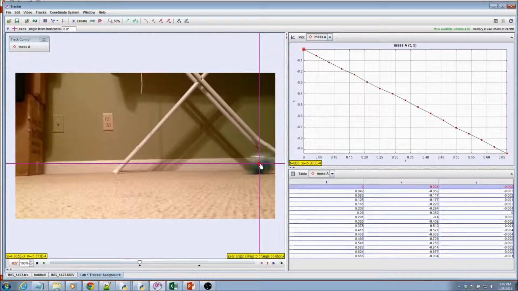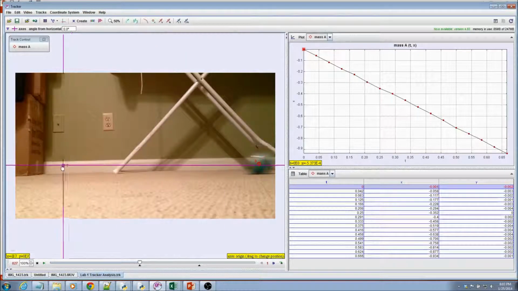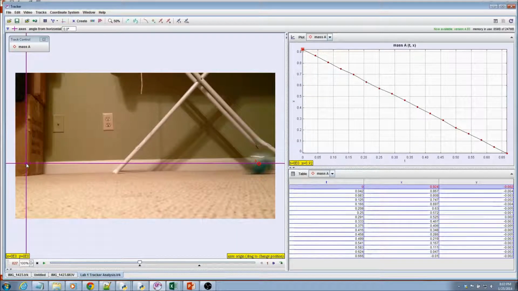I could also move the coordinate system to be on the far left of the video, right about here, and I would acquire the same data. The only difference would be that the initial position would be a positive number, and the final position would be the origin 0, 0, but the velocity would still be the same.